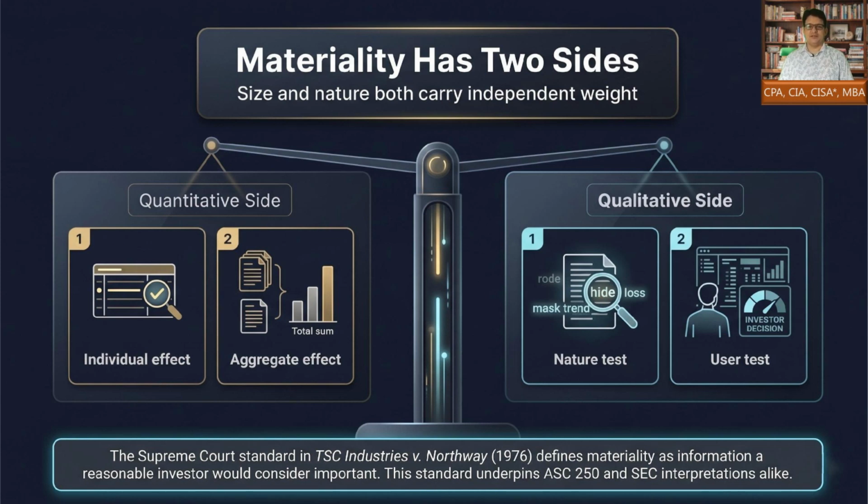Does it hide a trend, convert a loss into income, affect a loan covenant, trigger a bonus? The legal and regulatory view of materiality centers on whether a reasonable investor would consider the information important. So, materiality is not a calculator button, it is a user focused judgment.